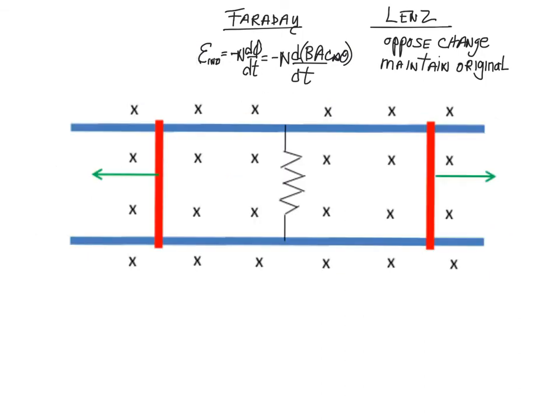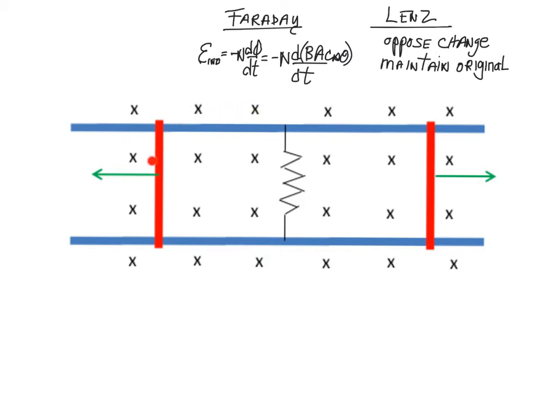Okay, problem 7, which is really an extension of number 9. They should be reversed in their order, but anyway. So in this case, we have 2 sliding bars. As the bar slides this way, the flux is increasing.